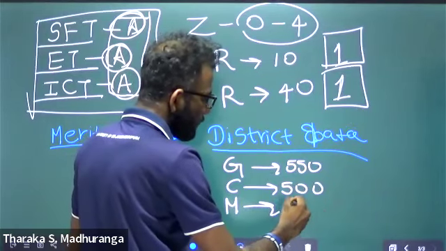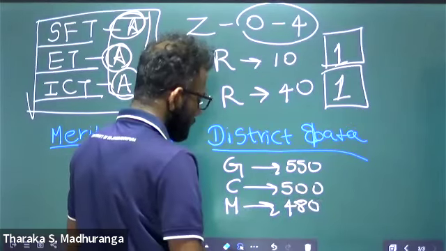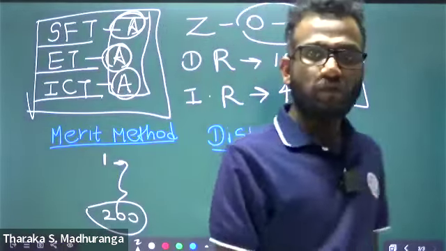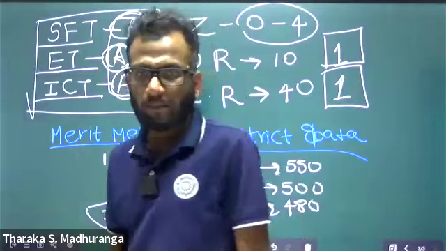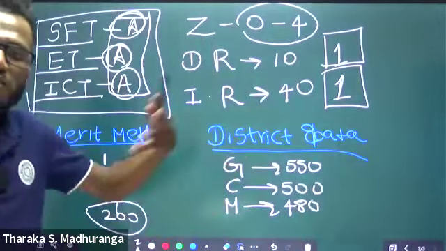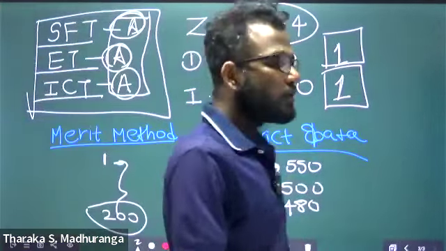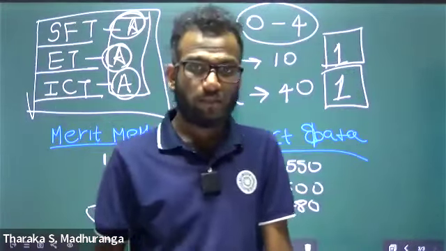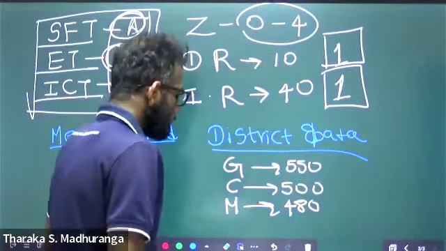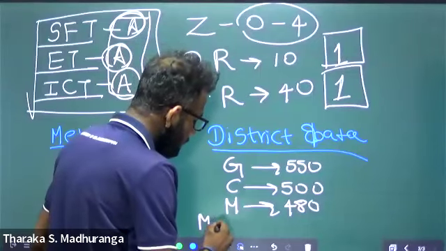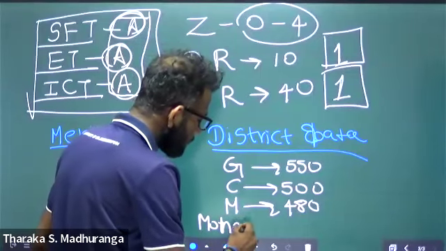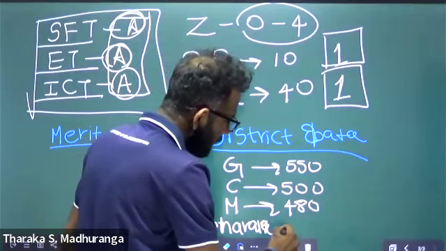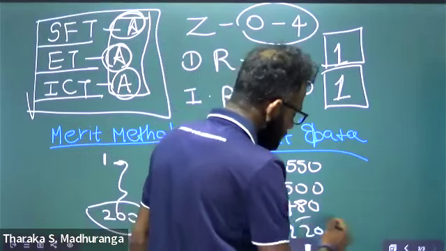Then it is 480. The number of students selected for each university from each district varies according to the population and the number of students who sit the exam. For example, in districts like Monaragala and Puttalam, it is around 200.